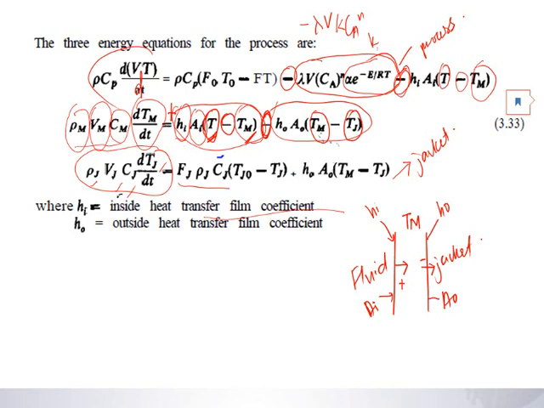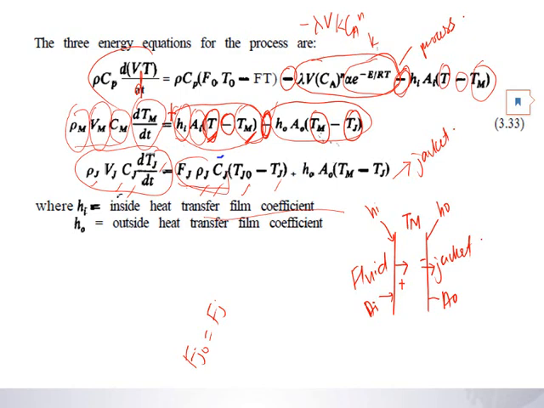The flow coming into the jacket is assumed to be the same as the flow going out from the jacket. There's no volume build up in the jacket. In this case we are assuming that Fj0 equals Fj. So that's why we lump everything together here. So it becomes Fj rho j Cj times Tj0 minus Tj.